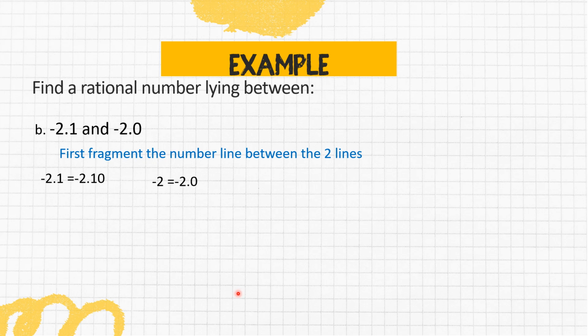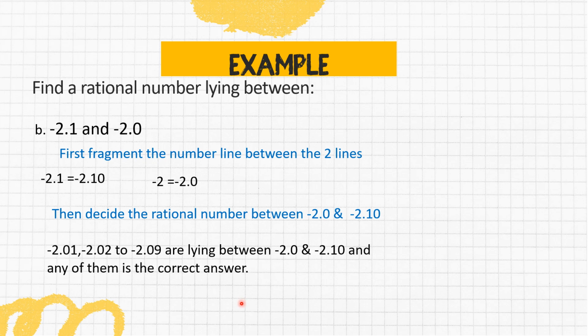And minus 2 will be minus 2.00, and you can decide the rational number between minus 2.00 and minus 2.10. Okay, between them there are minus 2.01, negative 2.02, negative 2.03 until you reach negative 2.09 lying between them. Any of them is a correct answer.